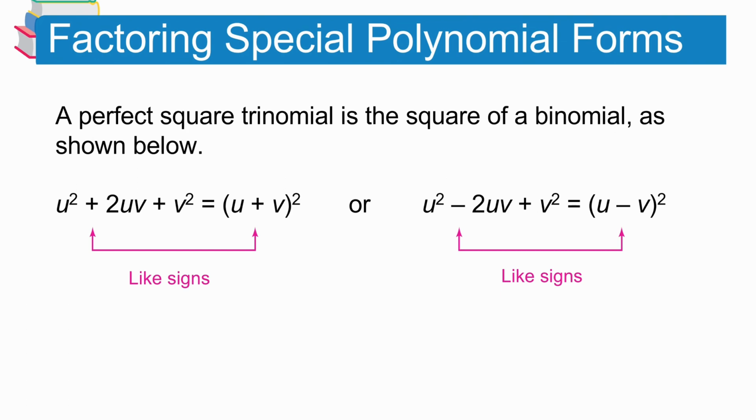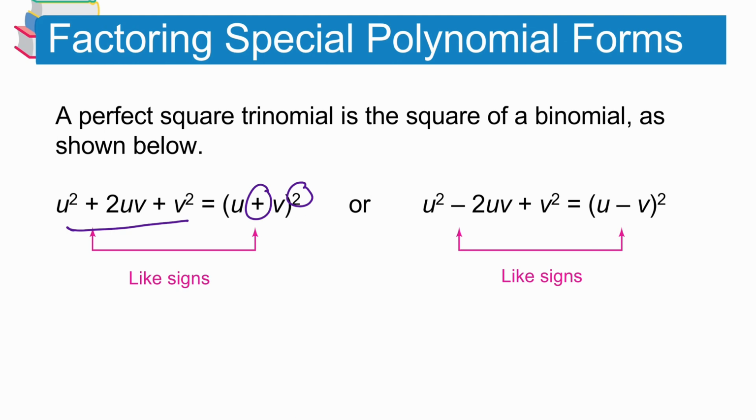And so a perfect square of a trinomial, if you had a perfect square, then it would look like this if you had positive signs. But if you had a negative sign, then you're going to have the negative.